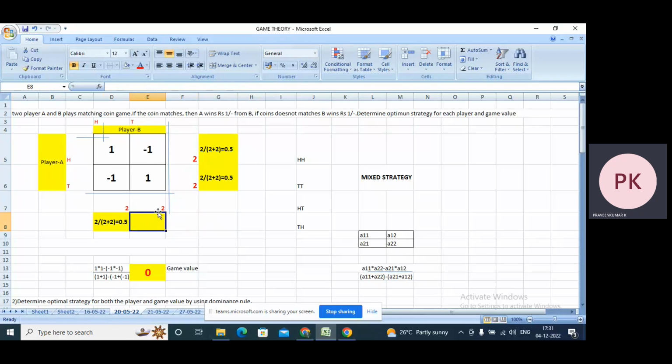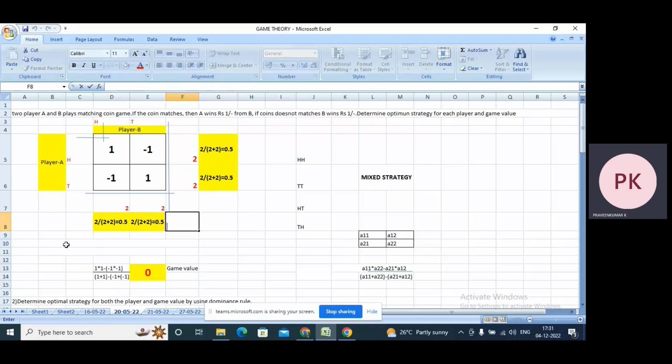Similarly for this one, this value divided by the sum of these two, 2 divided by 2 plus 2, we get 0.5.